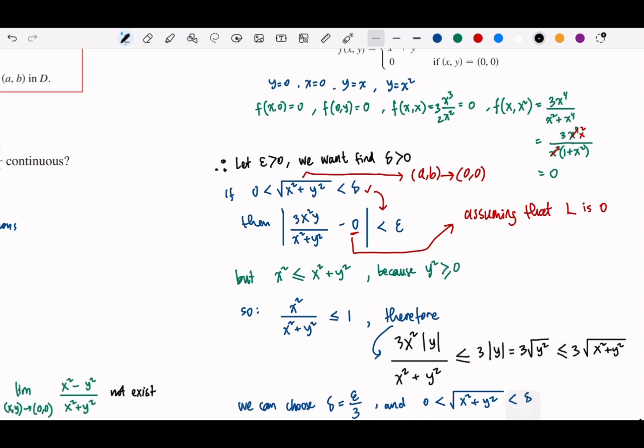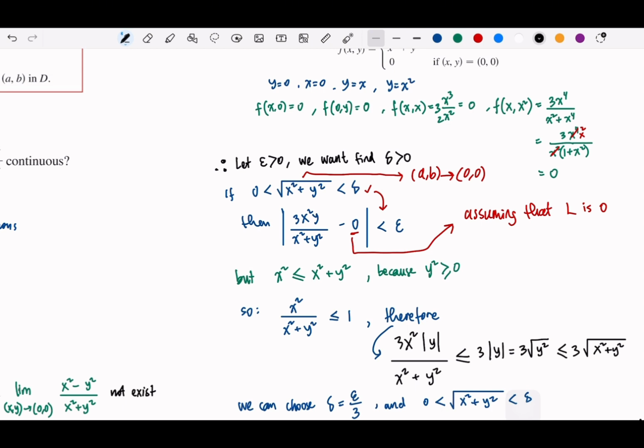We try to compare the left side and the right side, so that the left side is similar to our function.